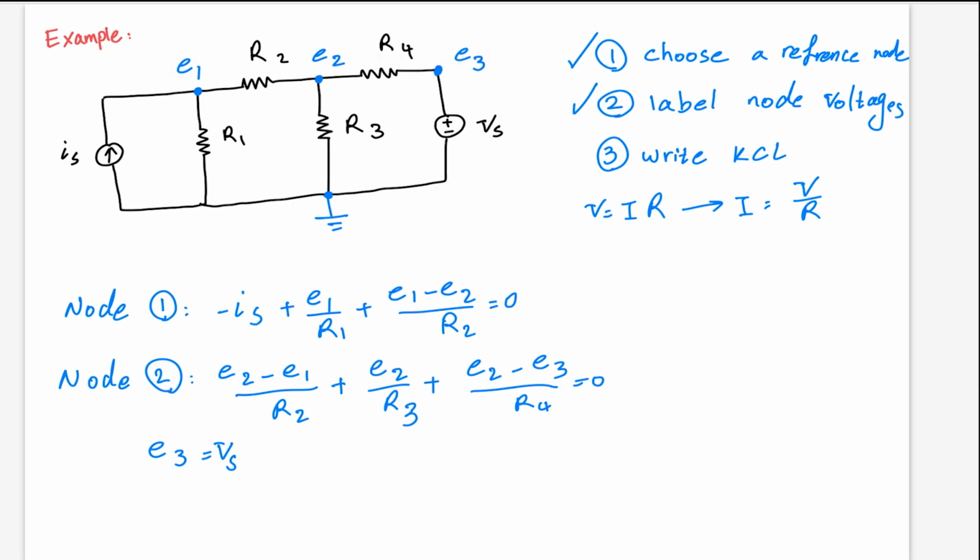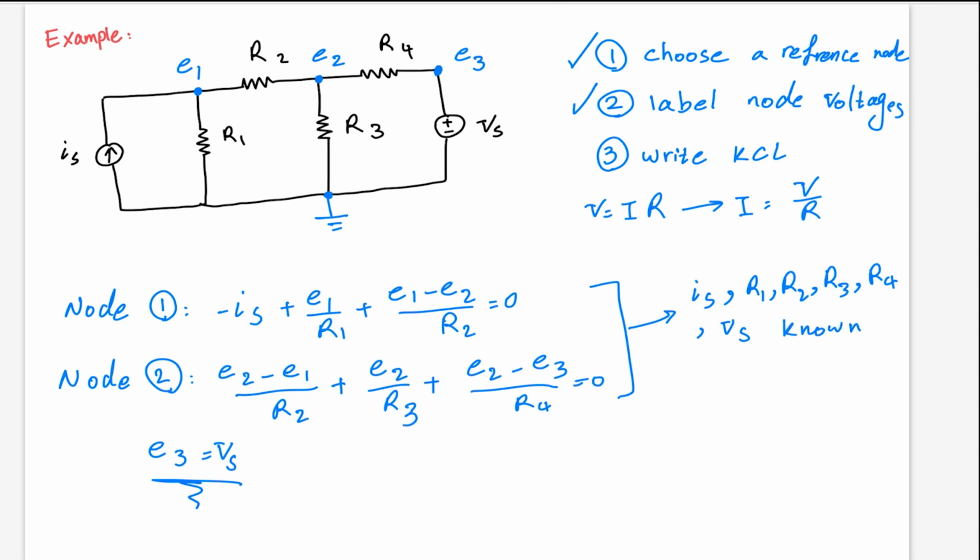We said that E3 is equal to Vs. So Vs is known, so E3 is known. So in these two equations, Is, R1, R2, R3, R4, and Vs are known, right? They are known.